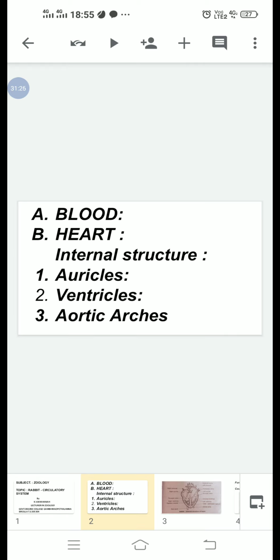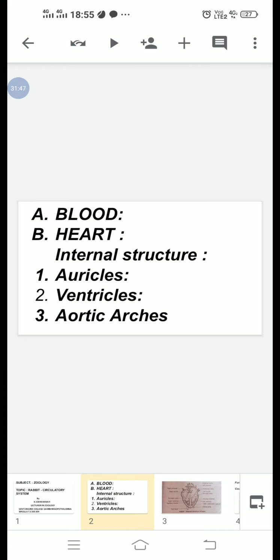Next, aortic arches. Two large arches arise anteriorly from the ventricles. The pulmonary arch arises from the right ventricle. It carries deoxygenated blood to the lungs. The systemic arch arises from the left ventricle and supplies oxygenated blood to the different parts of the body.